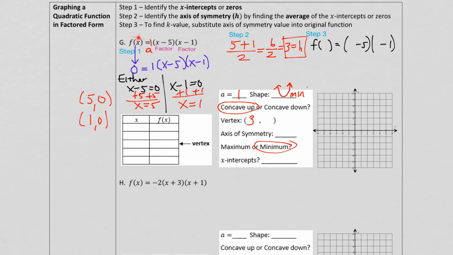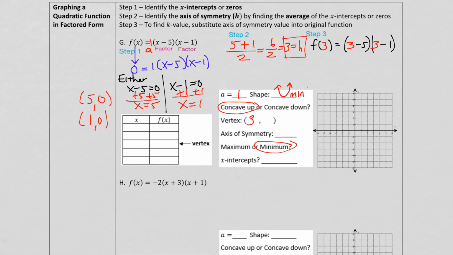I copied it over, but left all the x's out. To find the k value, I'm going to input this 3 into the original question, and I can compute the k value.